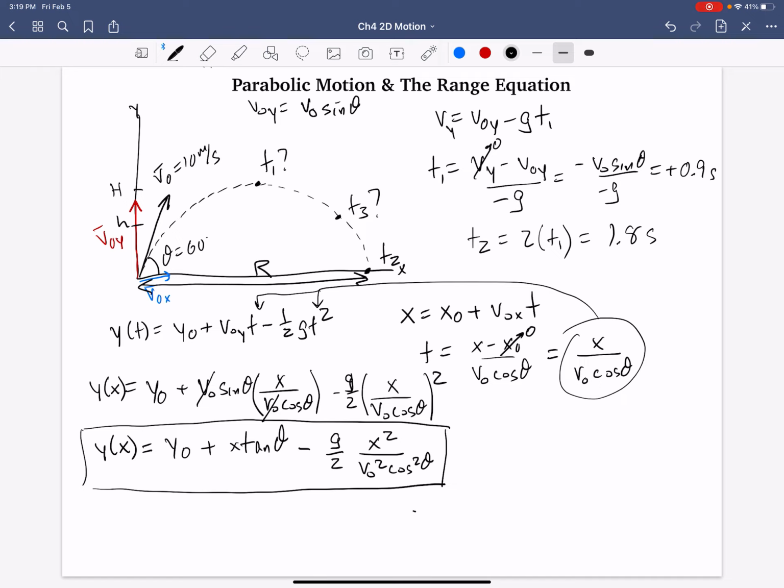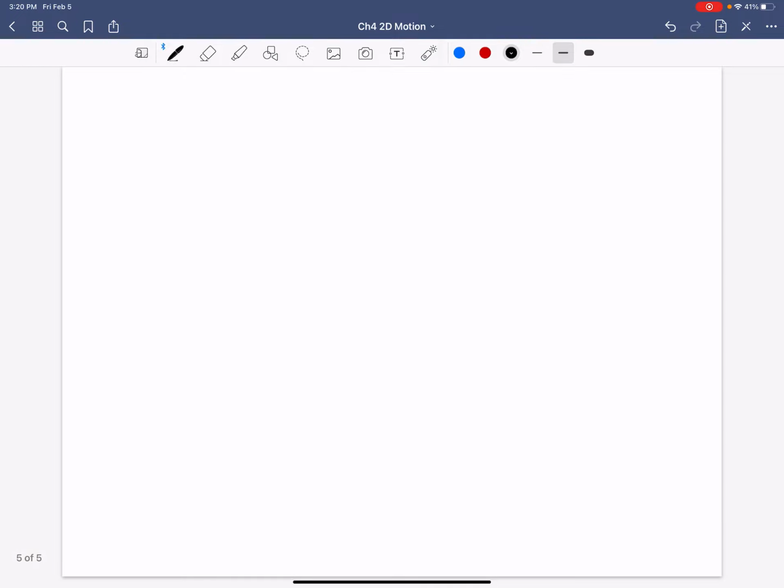Capital R. Well, that range is simply taken by this equation: x equals x naught plus v naught x t. So let's go to the next slide where I have a little bit more room. And I'm going to show you what the range is.